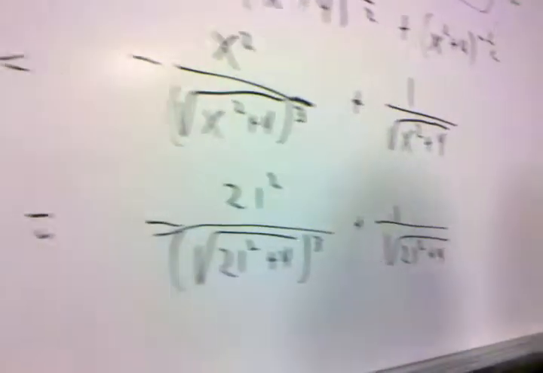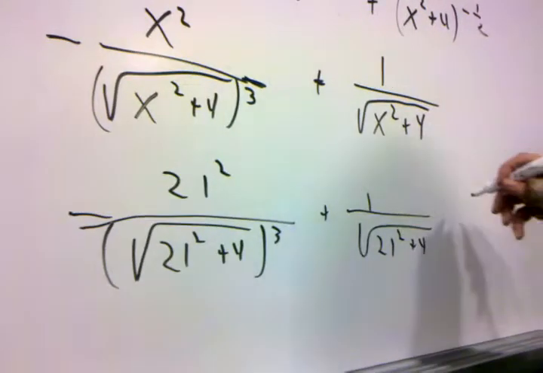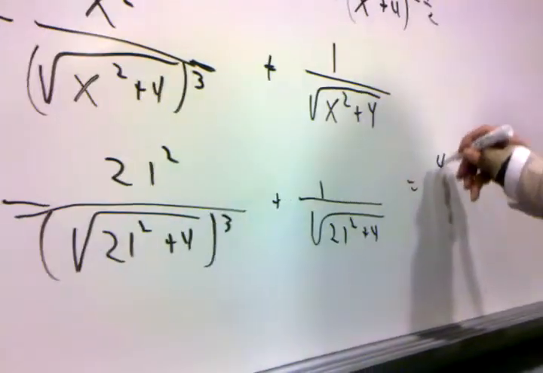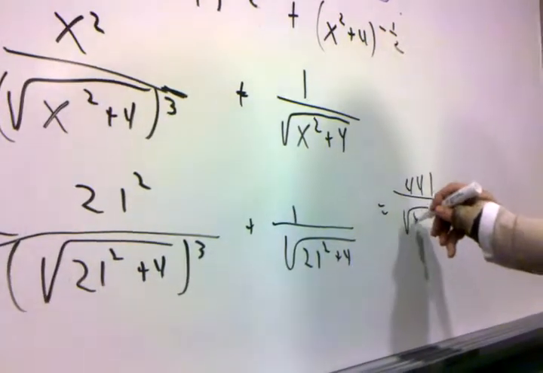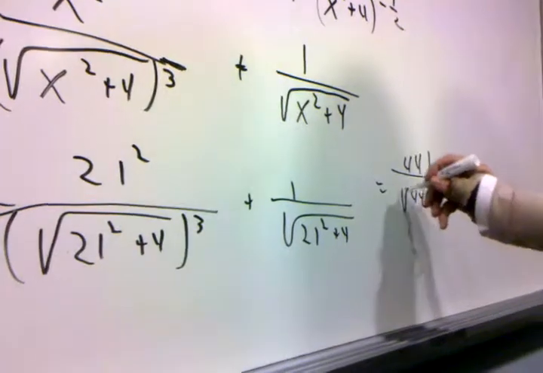I believe 21 squared is 441, so I have 441 over the square root of 445 raised to the 3rd power.